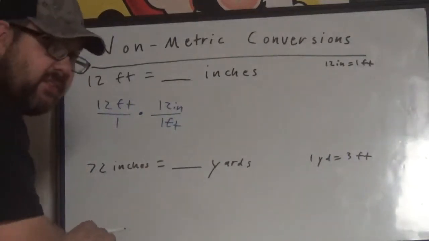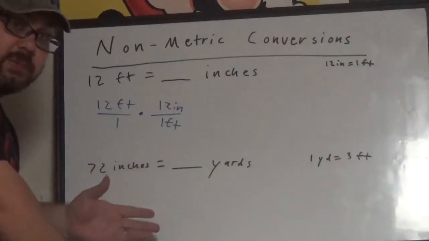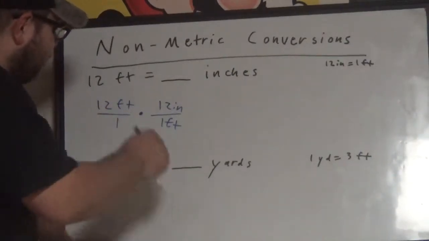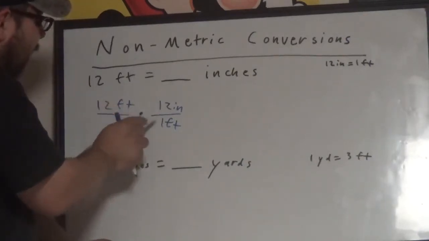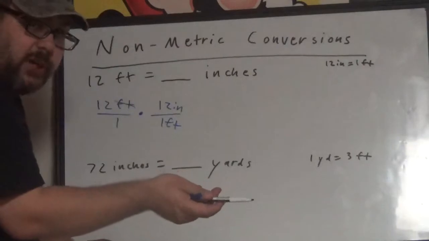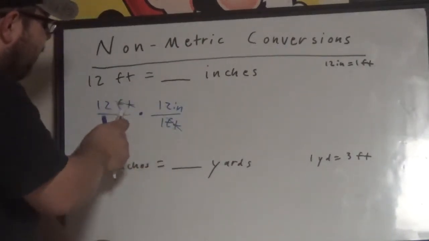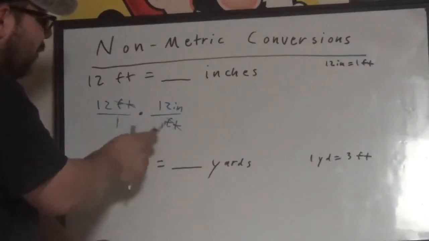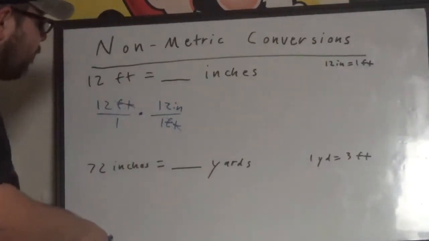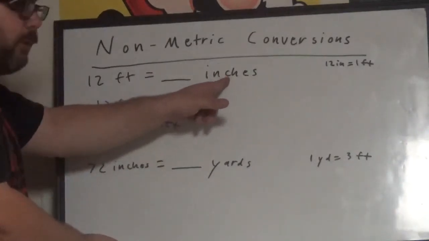If I flip that, our answer could not possibly make sense. But here it does, because we have feet on top and feet on bottom. Because they're fractions, when we divide feet by feet, a unit by a unit, we cancel them out. That leaves us with only inches, and that's what we want to know.